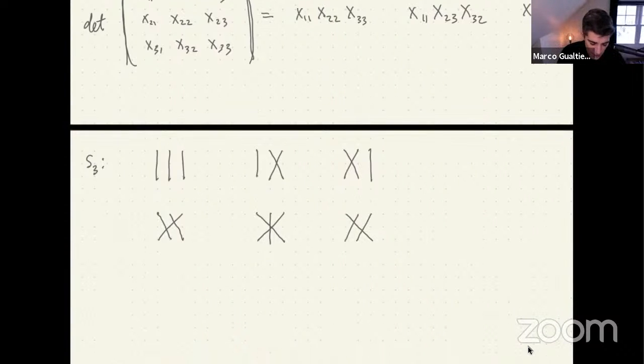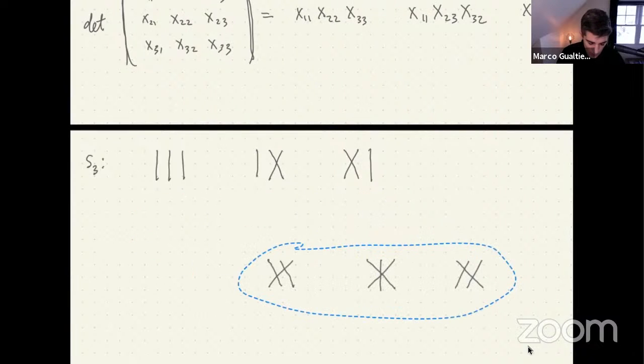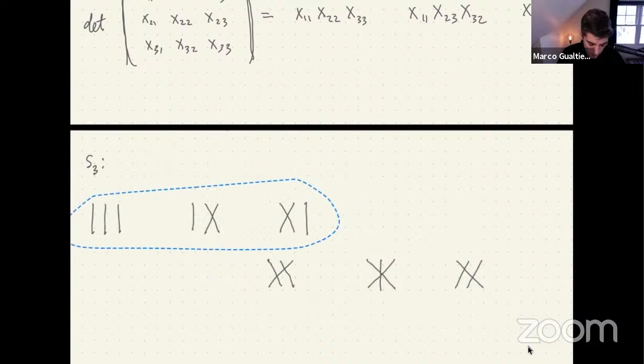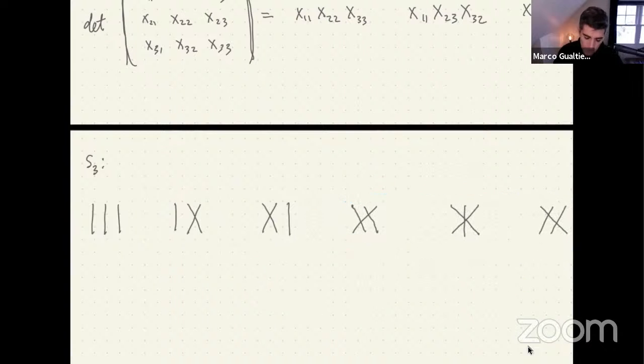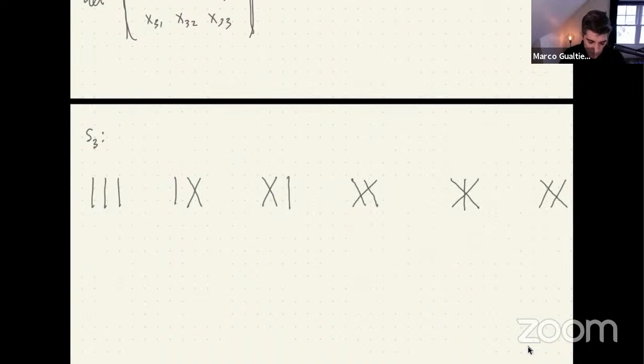So, and the signs, oh yeah, sorry, let me make some space between them. So this one is sign 0. There are 0 transpositions. Here there's 1 transposition. Here's 1. Here's also 1.